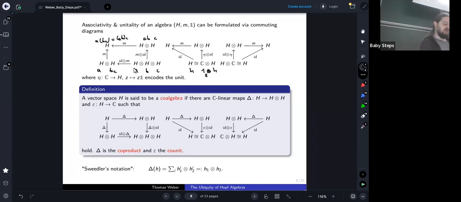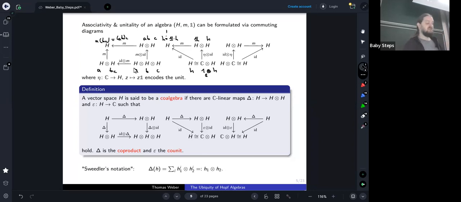As you can see here, you just multiply a complex number with the unit in H. So here you end up at the 1 in the algebra. Here you have H, you multiply, you have 1 times H, and identity gives you H. So this just says that H has to be equal to 1 times H.